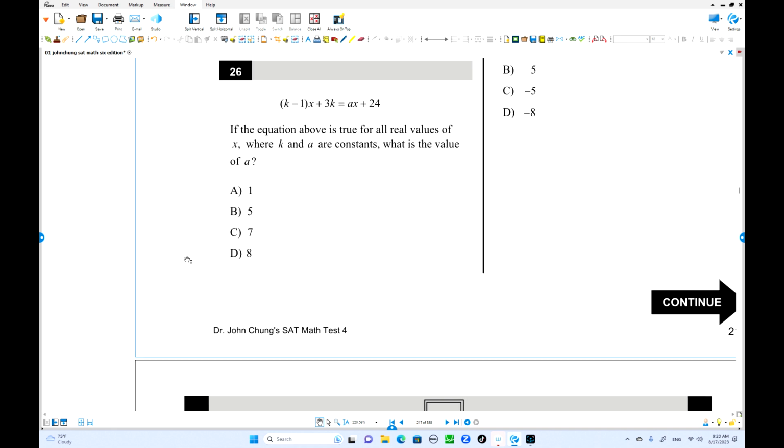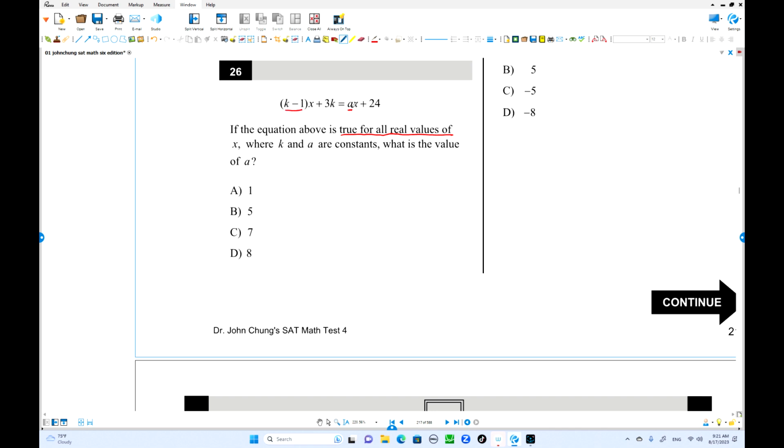Right, number 26. k minus 1 times x plus 3k equals ax plus 24. What is the value of a? This is true for all values of x. That means that the equation is an identity. Left hand side, right hand side, there must be the same expressions.